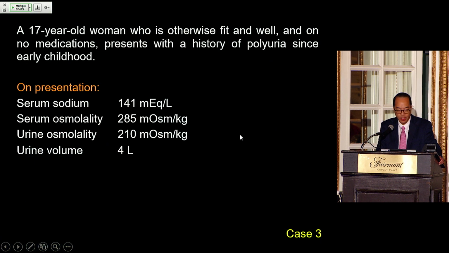Next case. A 17-year-old woman who is otherwise fit and well and on no medications presents with a history of polyuria since early childhood. Her sodium is 141, osmolality 285, urine osm 210, and she's putting out 4 liters of urine per day.